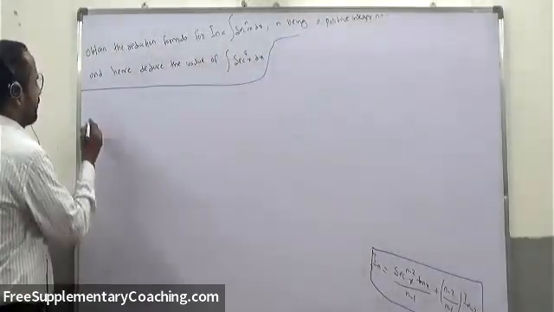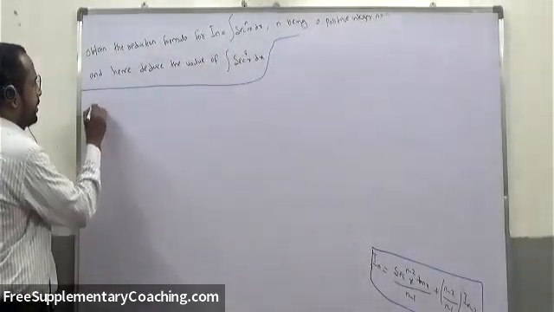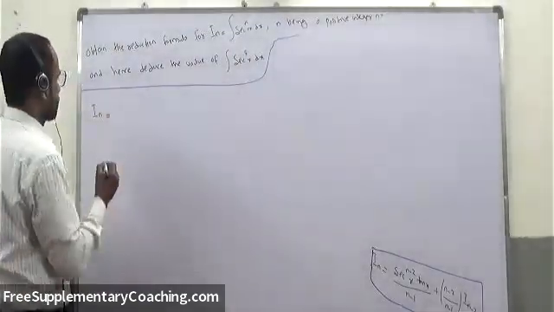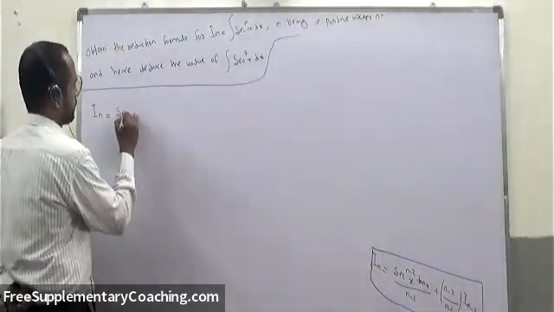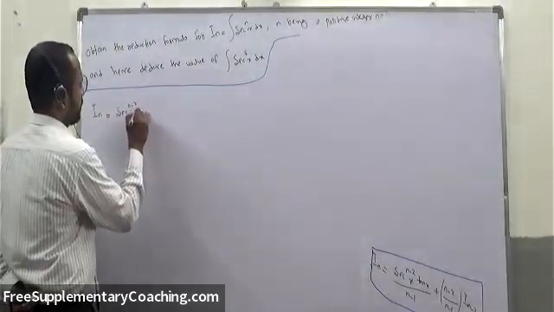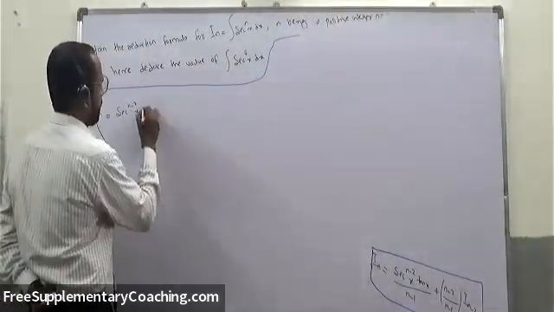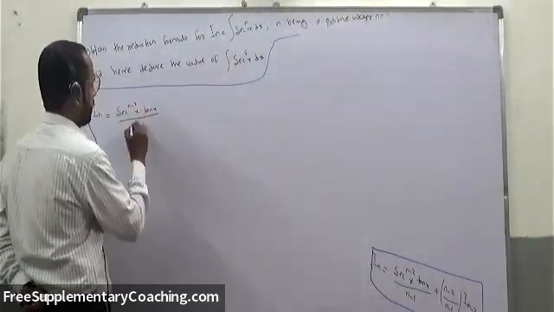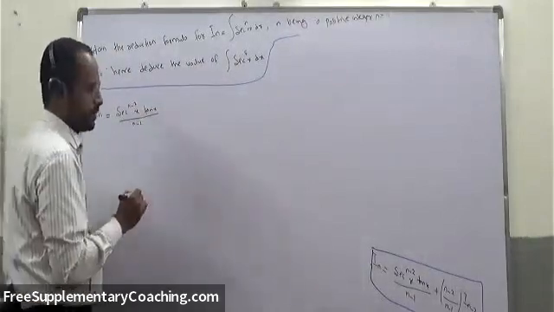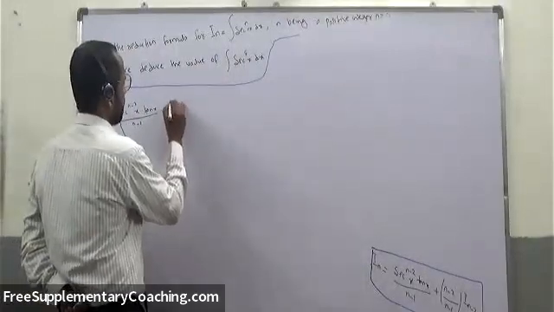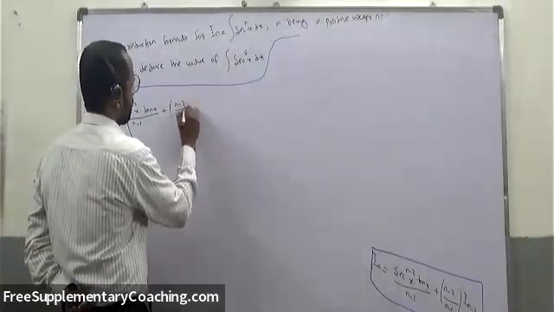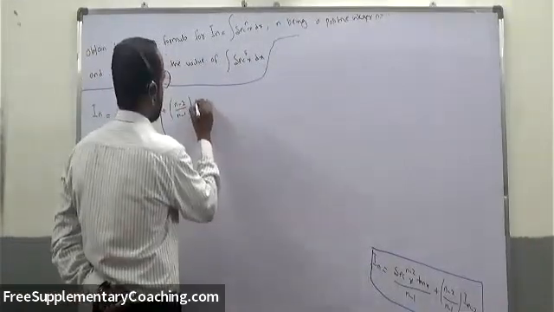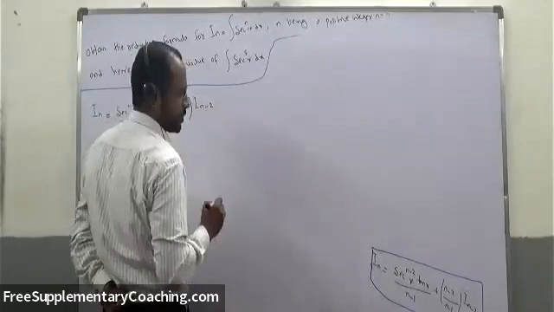What we have got is I_n, that is integration of secant power nx dx, equals secant power n minus 2 x into tan x by n minus 1, plus n minus 2 by n minus 1 into I_(n minus 2).